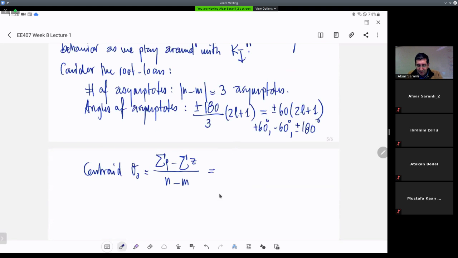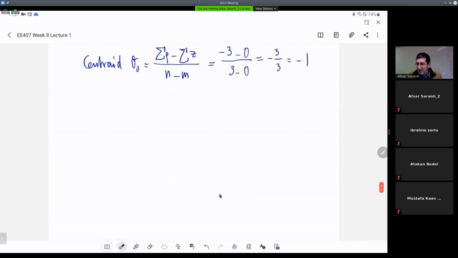One of the poles is at 0, so that doesn't contribute. So we have minus 3 minus 0, because we have no zeros, divided by 3 minus 0, because we have 3 poles and no zeros. That gives us minus 3 over 3, which is equal to minus 1. So this is the intersection of the asymptotes.